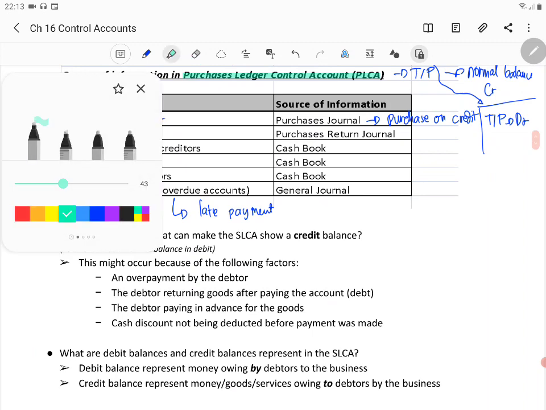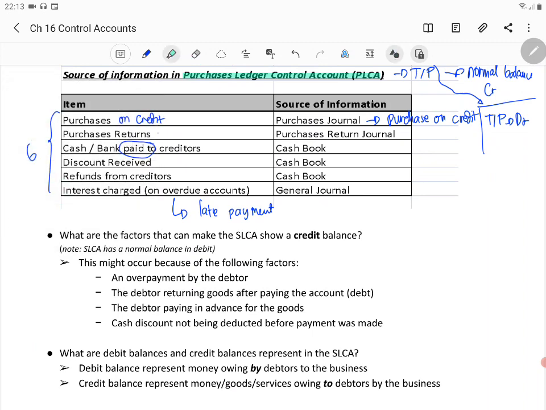Now, let's see here. What are the factors that can make SLCA show a credit balance? Since SLCA is an asset, if SLCA shows a credit balance, it then becomes a liability. How can TR become a liability?